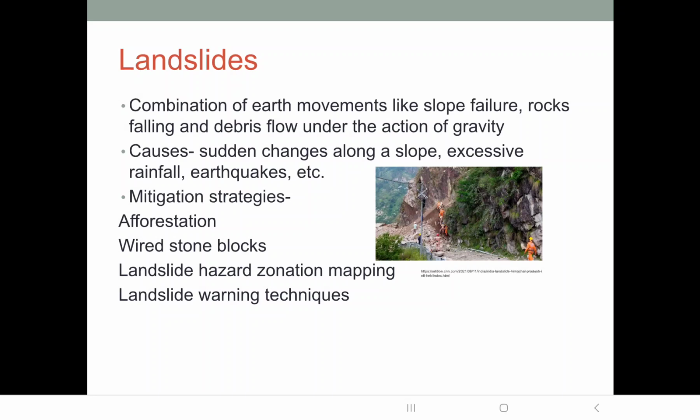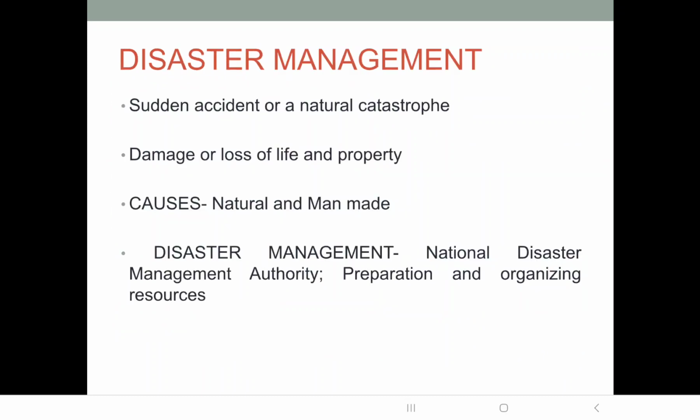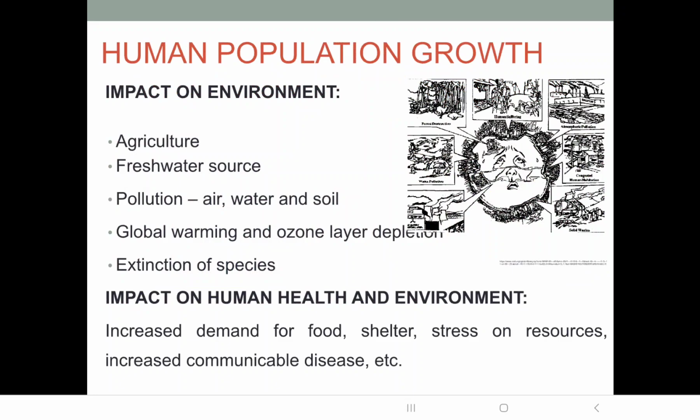So here we complete this unit, which is human, communities and environment. We have discussed in the beginning the impact of human population growth on environment, in which we have discussed its effect on agriculture, that there is stress on agriculture, freshwater sources become scarce, then pollution is caused, then global warming, depletion of the ozone layer, species become extinct because they are unable to cope up with the climatic changes.